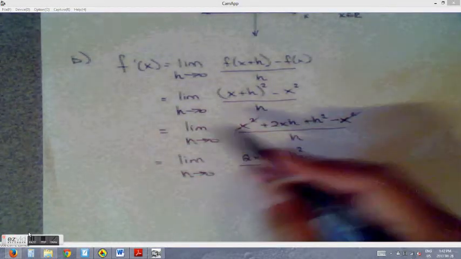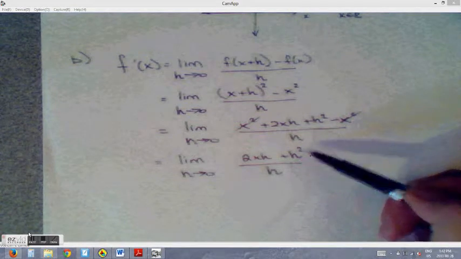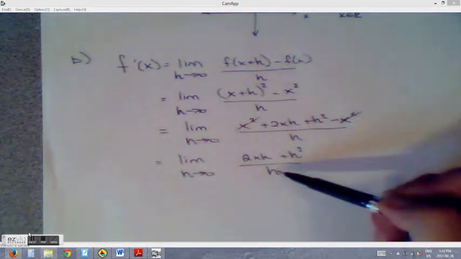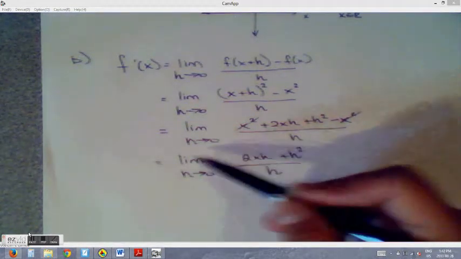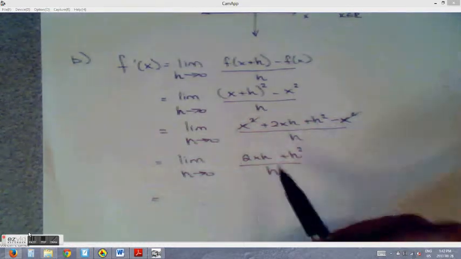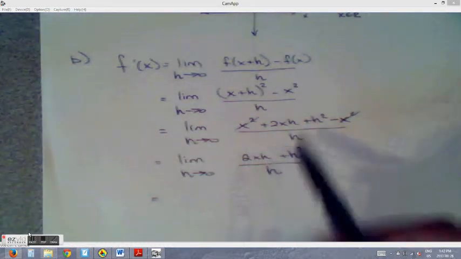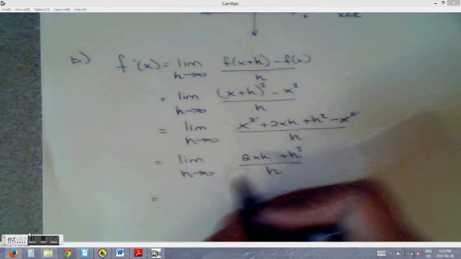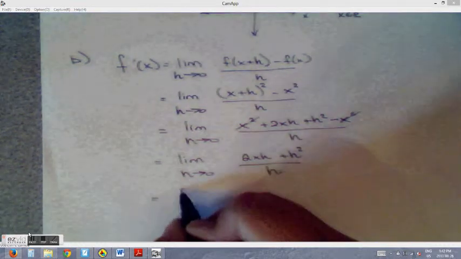My goal in these types of questions is always to eliminate the h from the denominator, because if I was to evaluate the limit now, I'm going to get that the limit does not exist. So doing these first principles questions, always try to eliminate h.